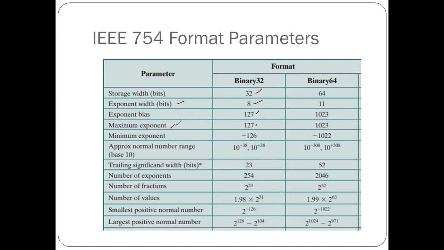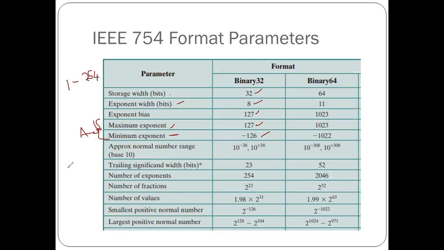We have biased exponent range from 1 to 254. Subtracting 127, we get minus 126, which is the minimum exponent, and the maximum exponent is plus 127. And the approximate normal number range in base 10.